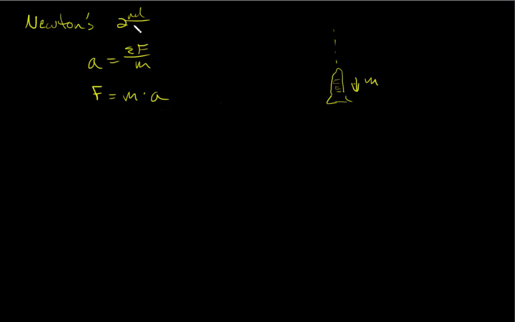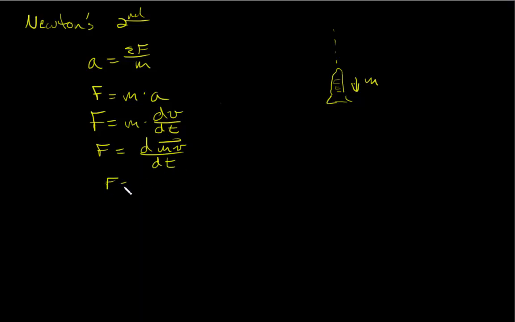So anyway, Newton originally didn't talk about it this way with acceleration. What he talked about was momentum, because mass times acceleration is the derivative of velocity with respect to time. And then I can move the mass inside, so I get that it's the derivative of mv with respect to time.